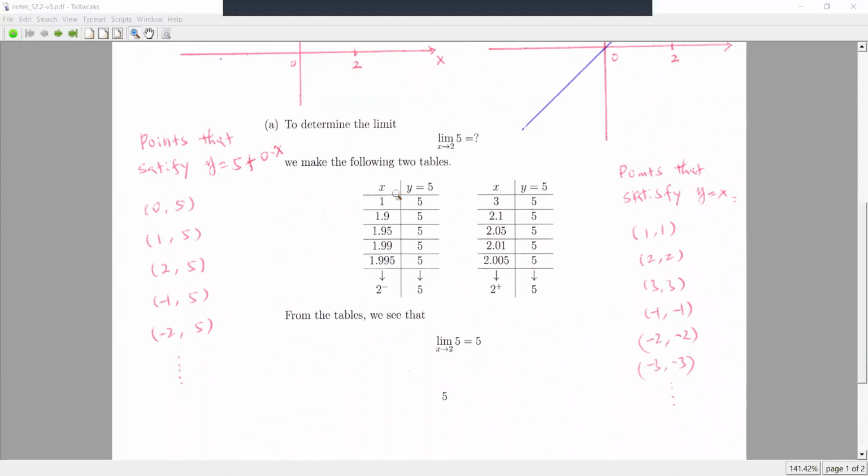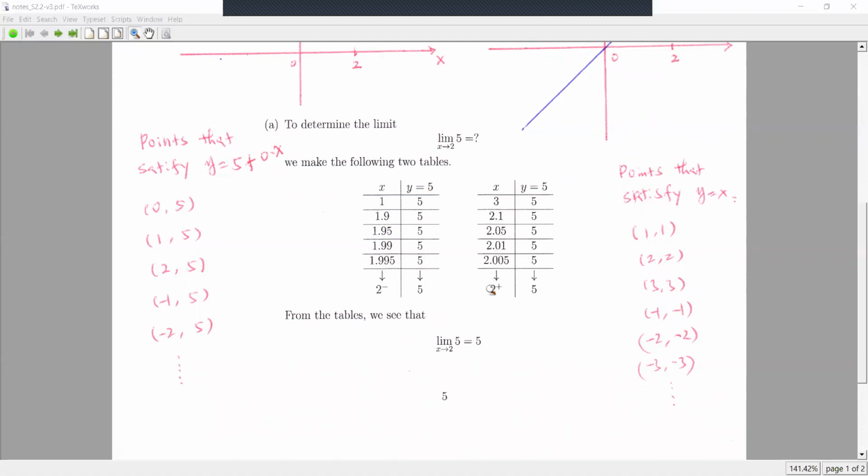In the first table, I let x approach 2 from the left-hand side. The function at these points are always 5. Therefore, when x approaches 2 from the left, the dependent variable approaches 5.